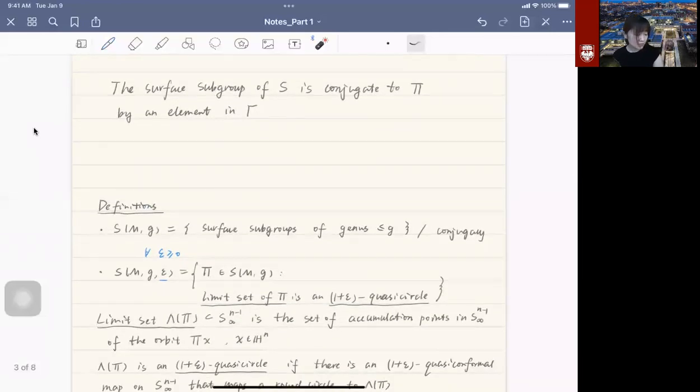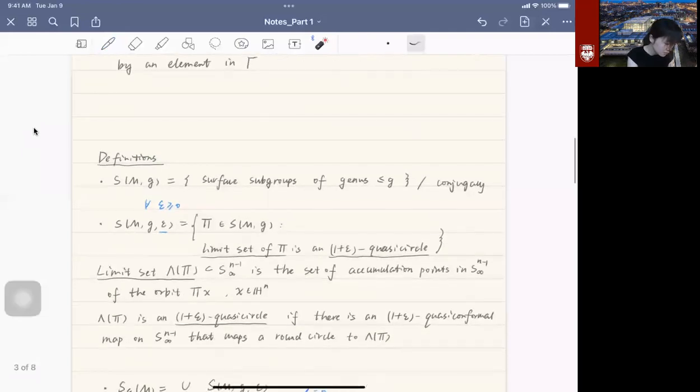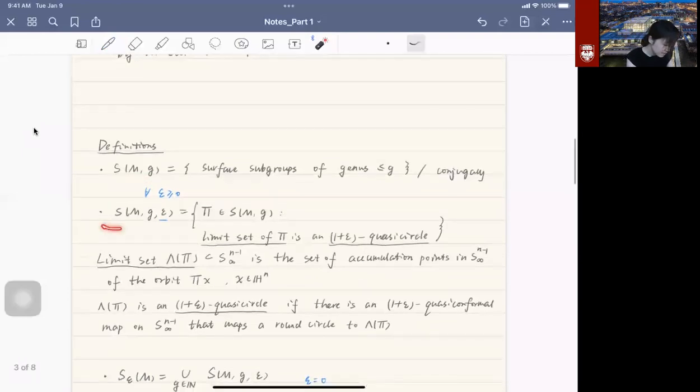Okay, now to introduce the minimal surface entropy, I also want to give you some further notations. Here we define the set S(M, g) to be the equivalence classes of surface subgroups of genus less than or equal to g, up to conjugacy. More precisely, inside of that set, we define the subset S(M, g, epsilon).